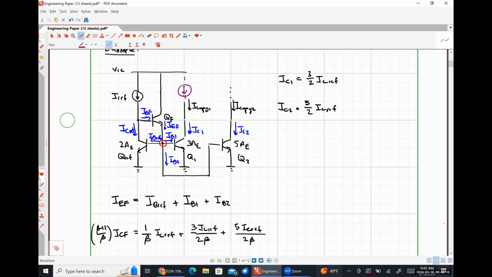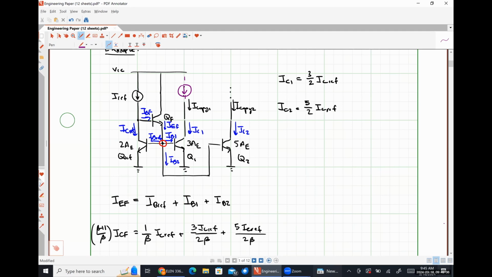All 3 of those have to be the same. That's what allows us to say that, assuming early effect is neglected, our collector currents are related to each other. But that doesn't have anything to do with the reference current. That's just how the circuit is configured. Does that make sense?